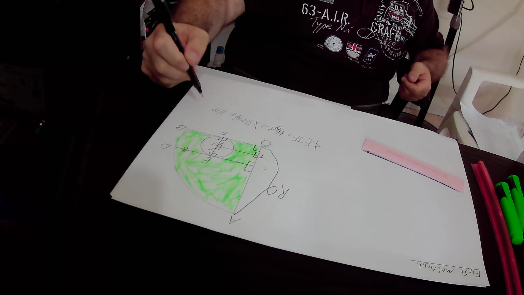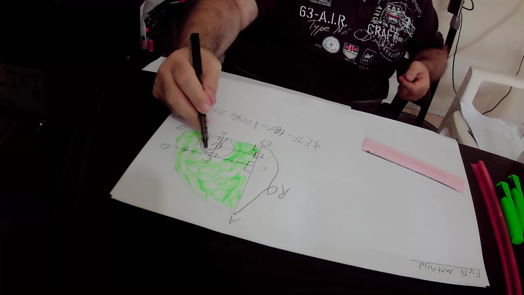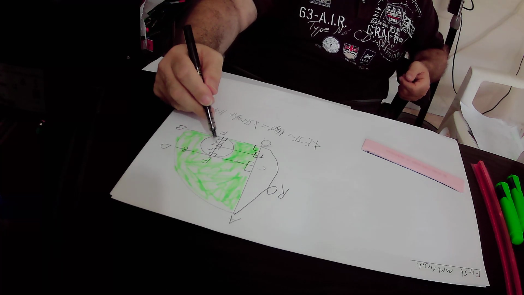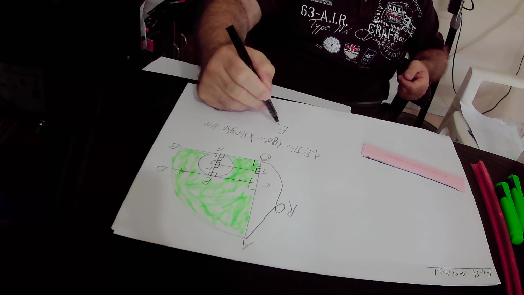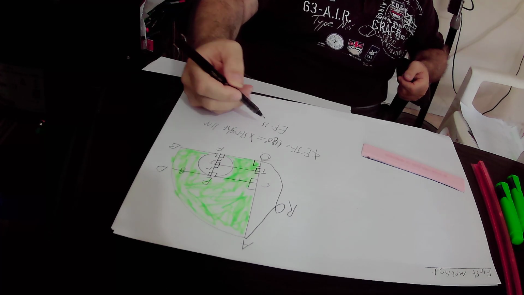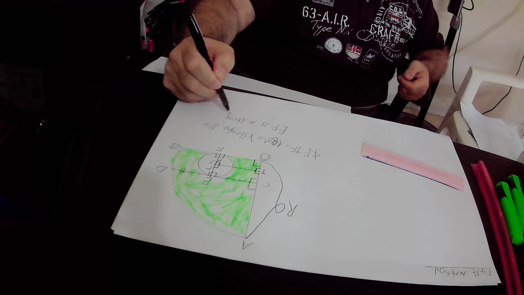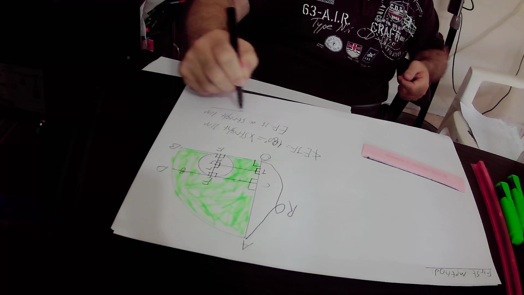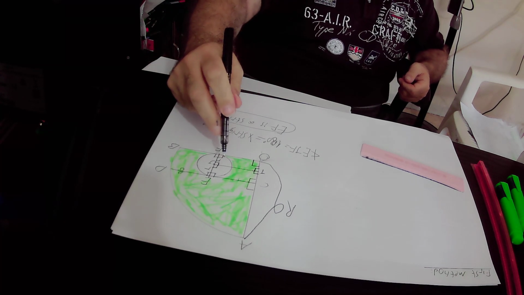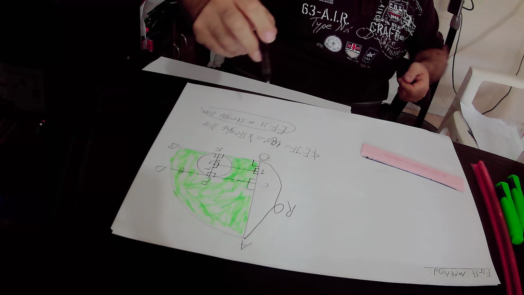And if angle EJF is a straight line, then line segment EJF is a straight line. And if line segment EJF is a straight line, then line segment EF is also a straight line. If line segment EF is a straight line, then it means that quadrilateral CEOF is a rectangle.